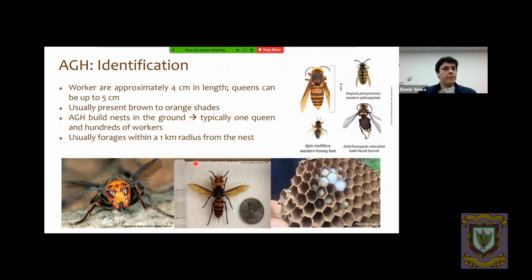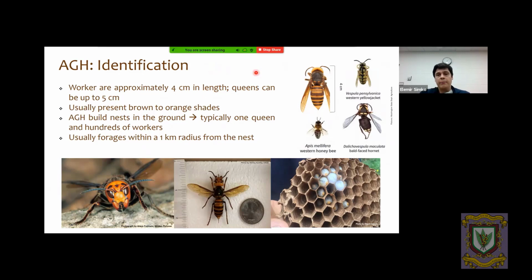Identification. I believe the most remarkable feature of this hornet is the size, right? Usually it presents 4 centimeters in length, and the queen can be up to 5 centimeters.